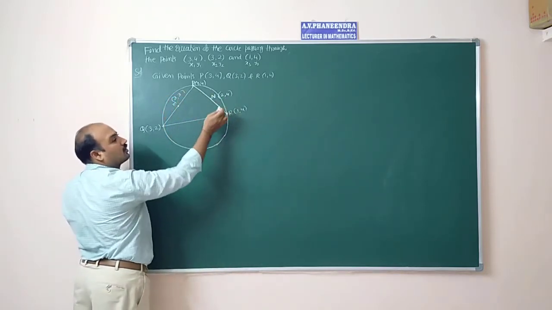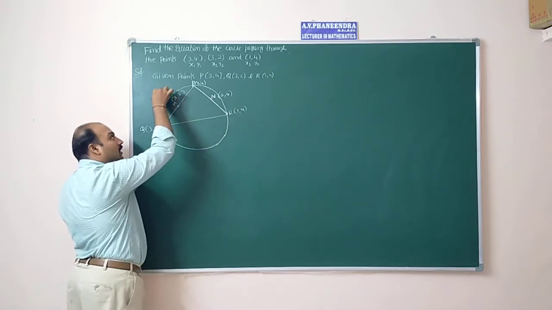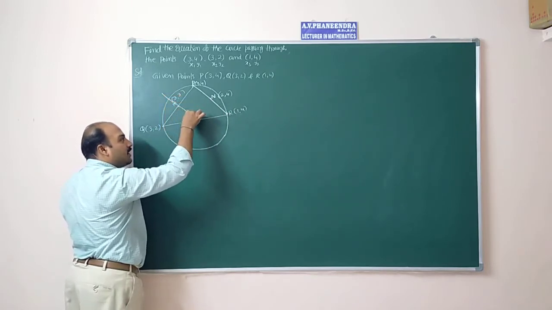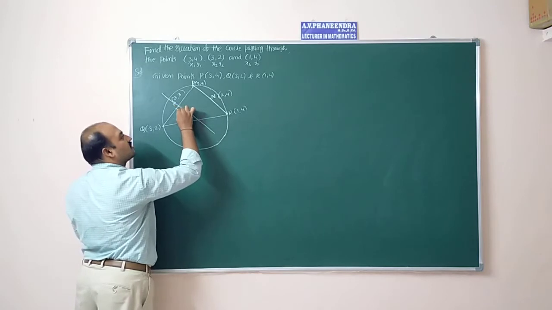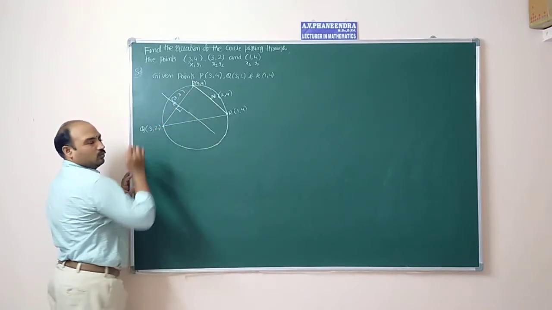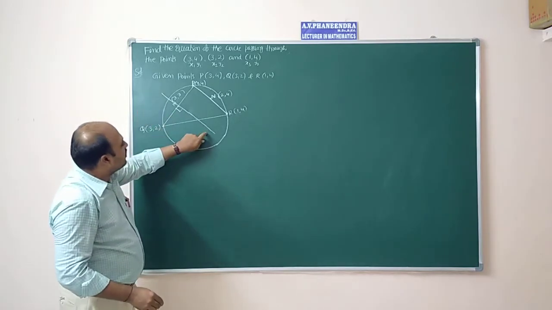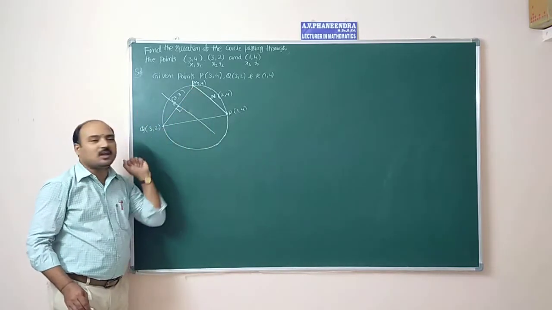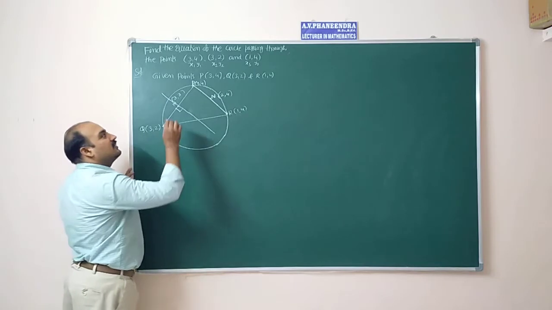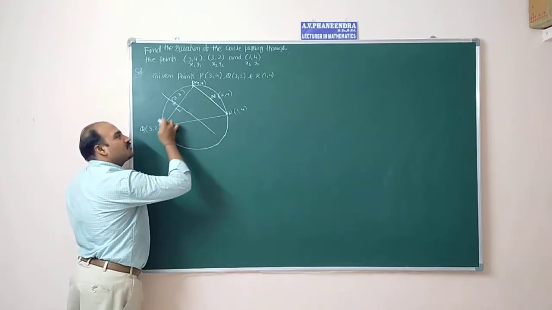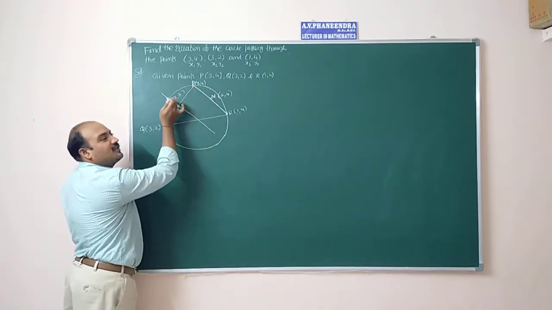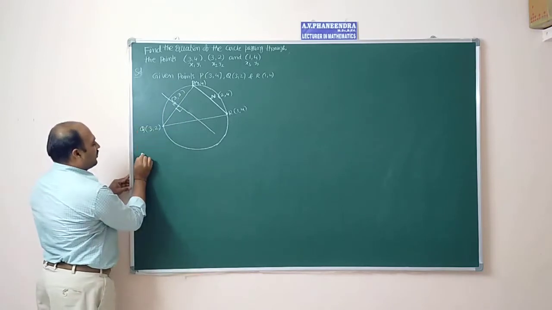M is (3, 3), N is (2, 4). This is the perpendicular bisector of the side PQ. That means this slope is equal to minus 1 by the slope of PQ. This perpendicular bisector of side PQ passes through which point? (3, 3).